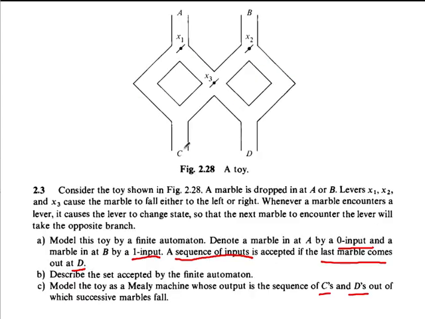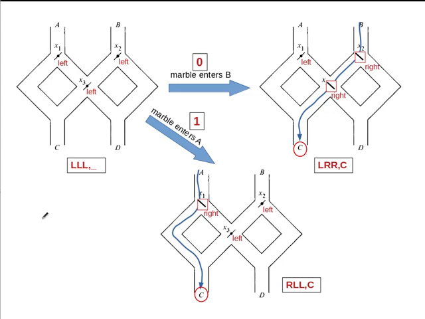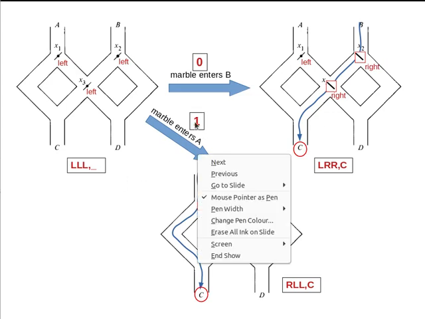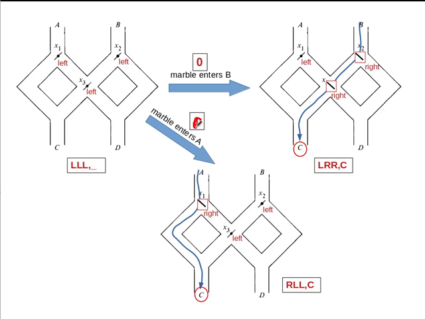So let me see. Sorry. Okay, so the marble at A is 0 input, the marble at B is 1 input. So I just messed up. So this will be 0, this will be 0, this will be 1. Okay, so this will be 1.